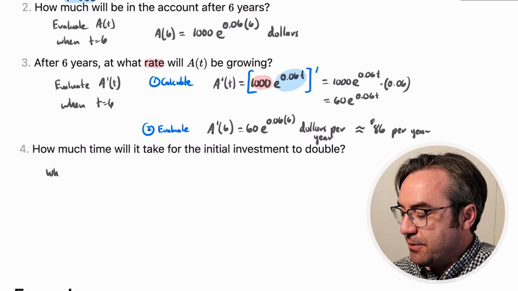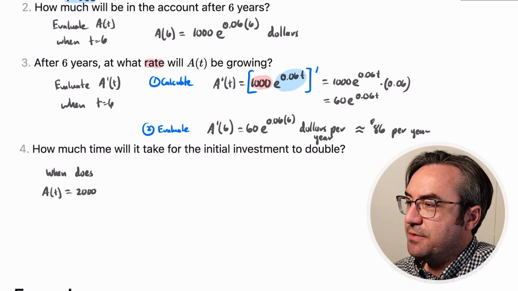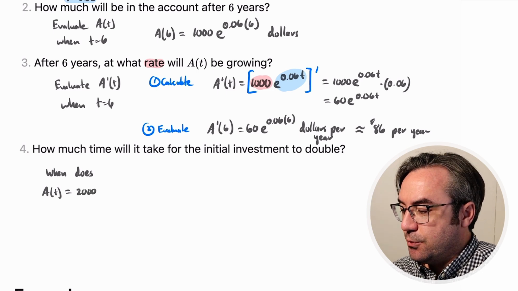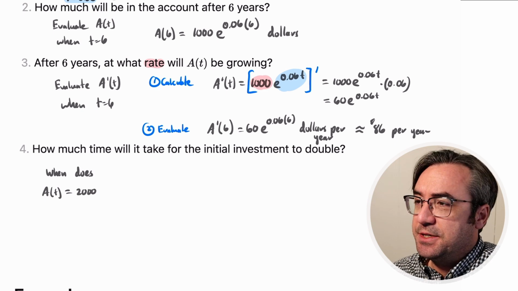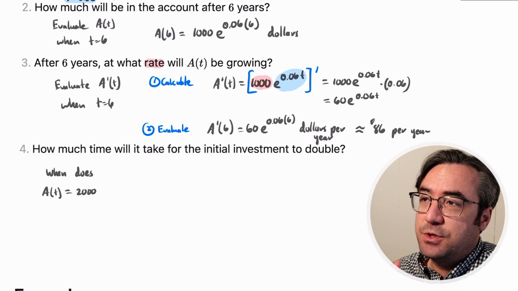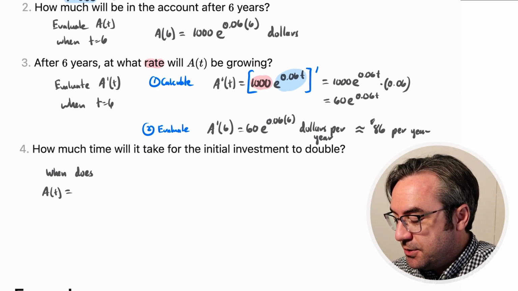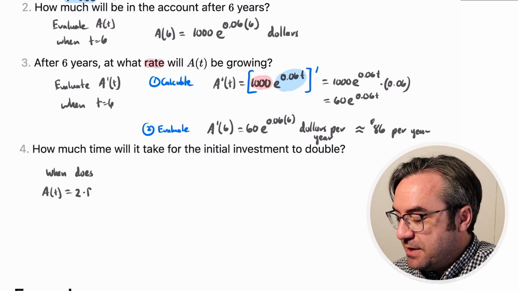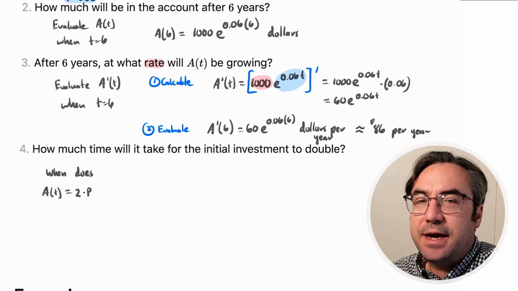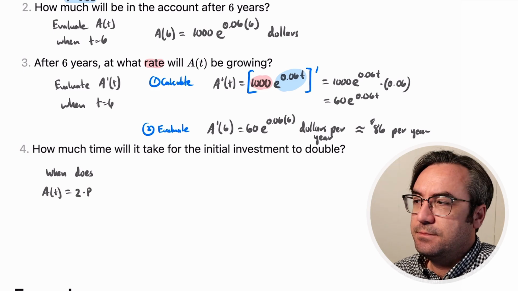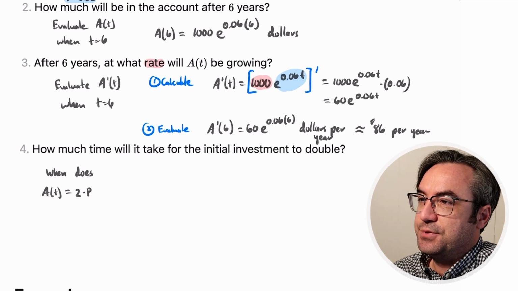It wants us to figure out when A of t equals double our initial investment. We know what our initial investment is. It was 1,000, so double that would be 2,000. But we can just leave that as 2 times our starting principal.